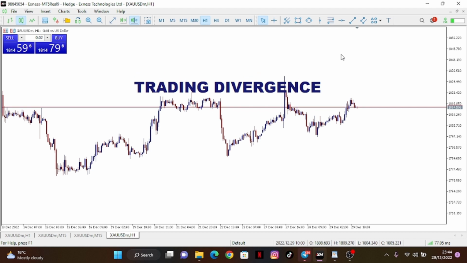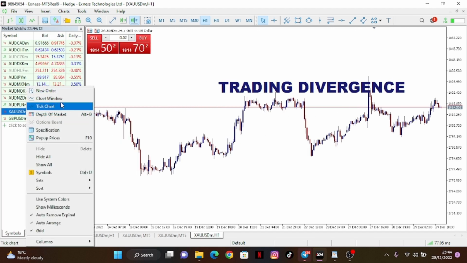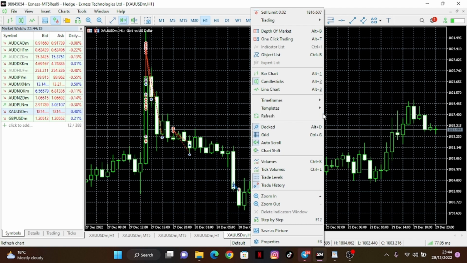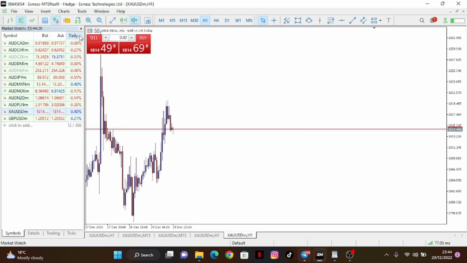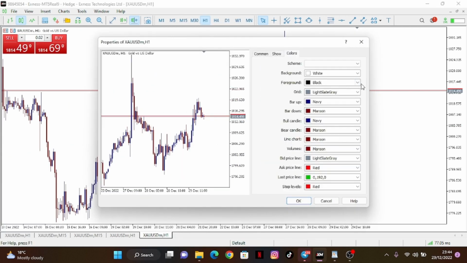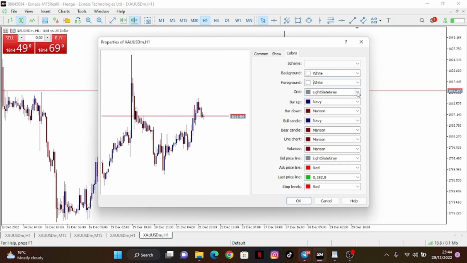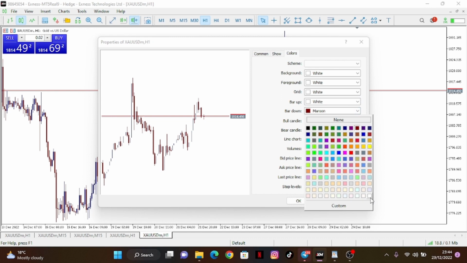I would have displayed pictures to give you a simple way to understand this, but nevertheless I'll draw them out, for an uptrend or a downtrend. So we have a clear chart, and I'm going to change the colors. I want the background in white so that I have a whiteboard.